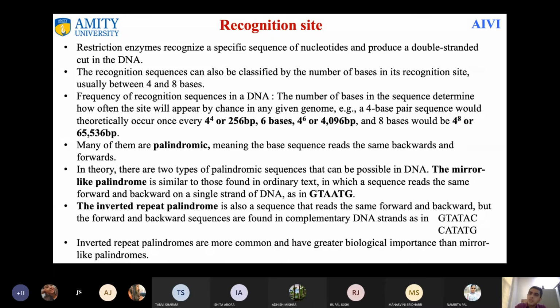And if you just want to produce few cuts in your whole chromosome, then you need to go to the octa, 8 base cutters. On the basis of the length of the recognition sequence, we call them cutters also. These are breaking your DNA sequence.